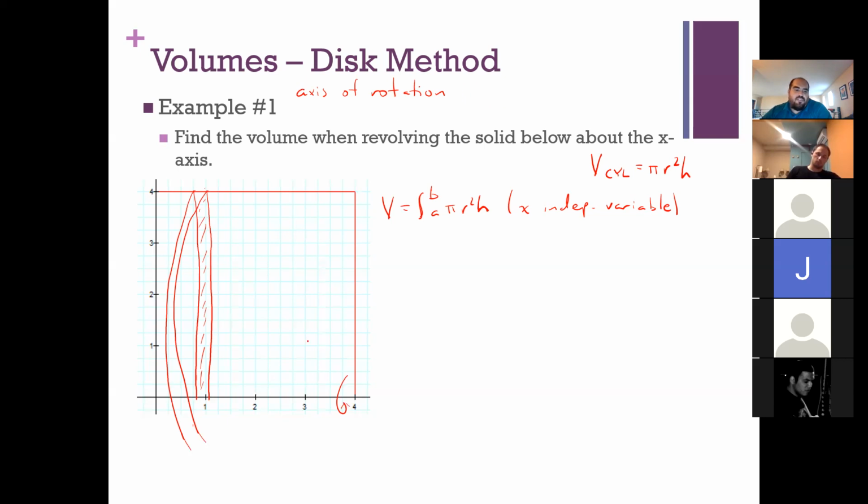I'll take some suggestions from you. What I want to try to generalize is this: in this case, the x-axis is going to be the axis of rotation, so I want my intervals to be dx.